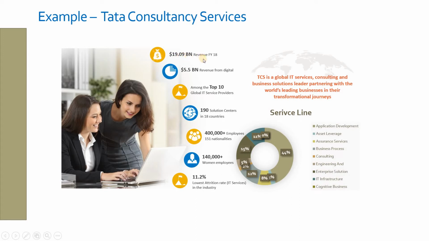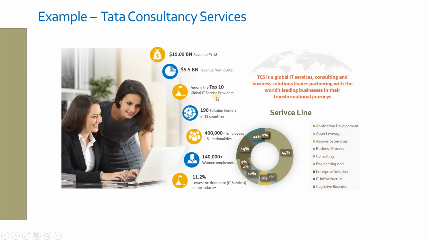19.09 billion revenue for financial year 2018. They have 19.09 billion revenue, and also you can see here 5.5 billion dollar revenue from digital, among the top 10 global IT services providers.